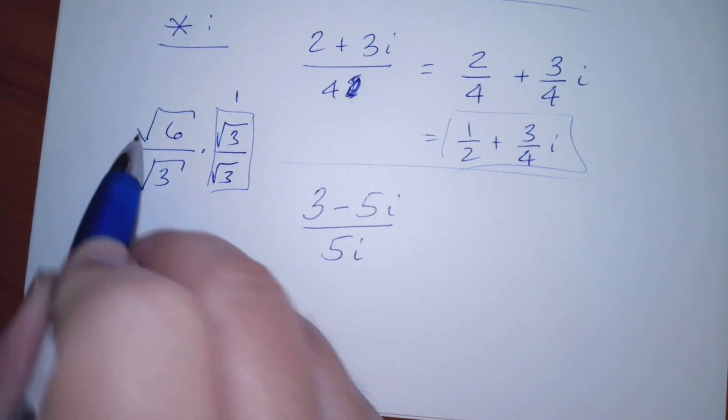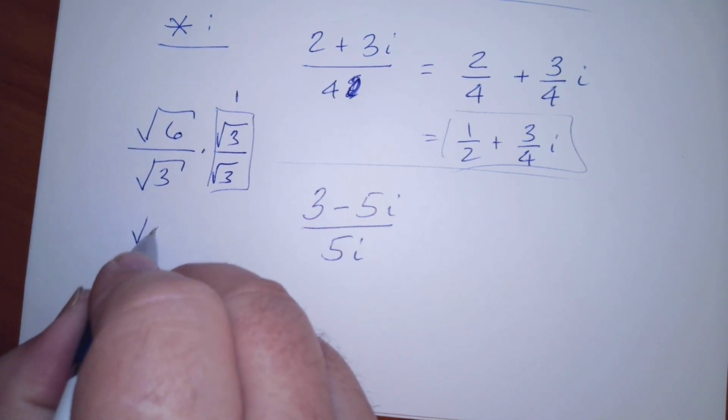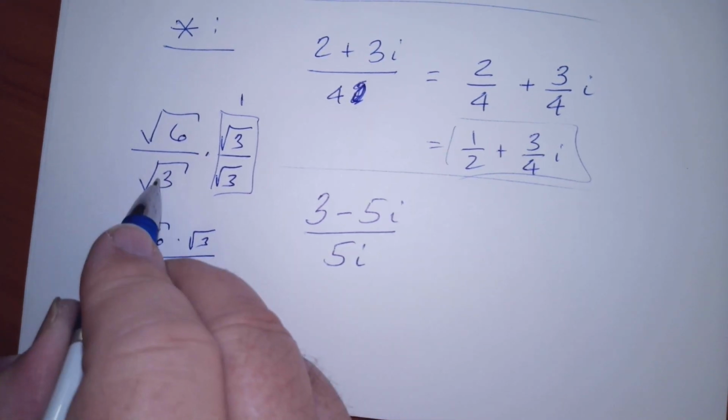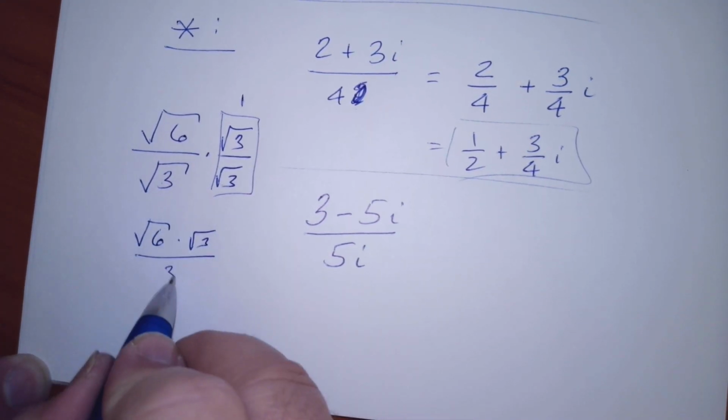So I have square root of 6 times the square root of 3. Square root of 3 times square root of 3 is 3.